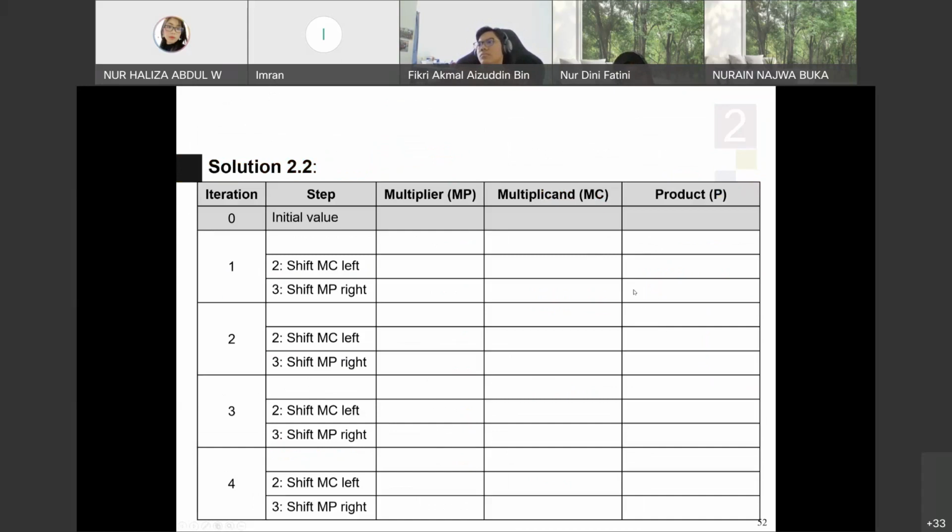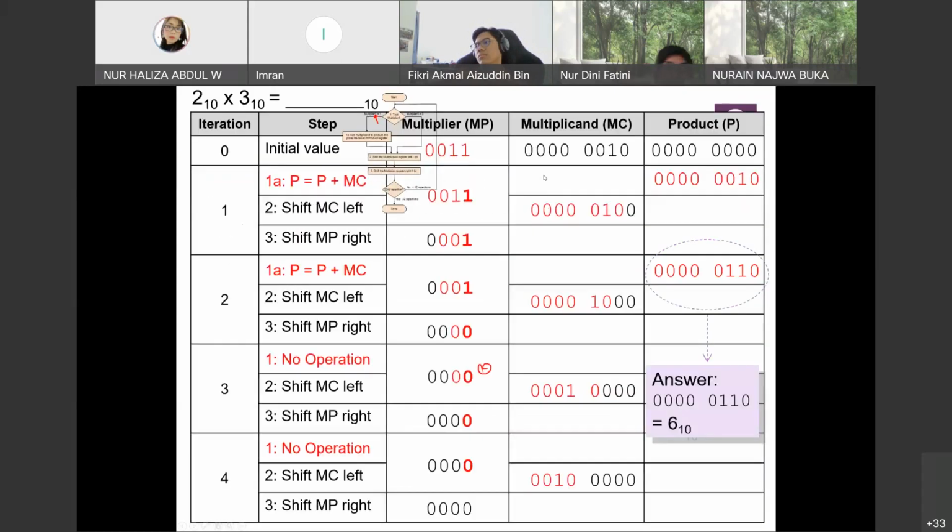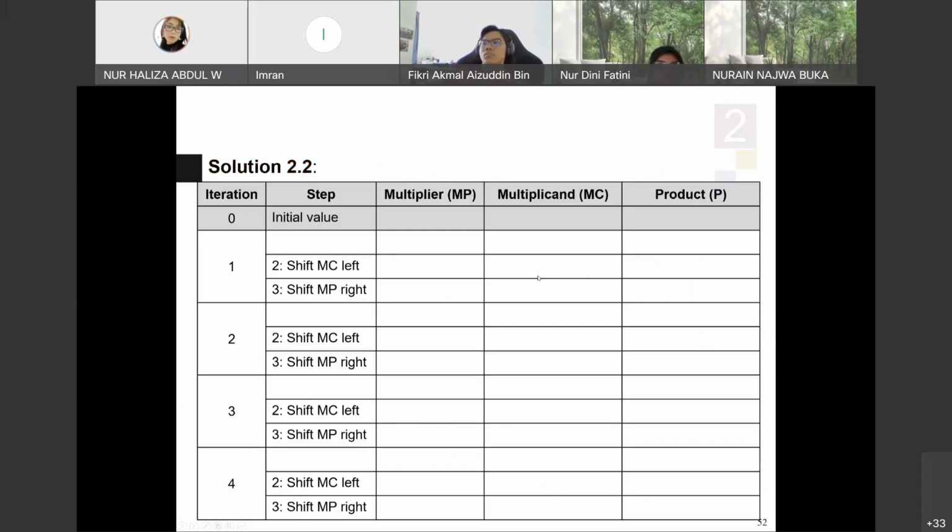Are you going to put in the correct box? Just now I also wrote in the wrong column. So I hope you can write in the correct column and get the answer correctly, okay? Because this type of question always appears in part B, and it's quite big, might be 8 or 10 marks for just one simple question like this.